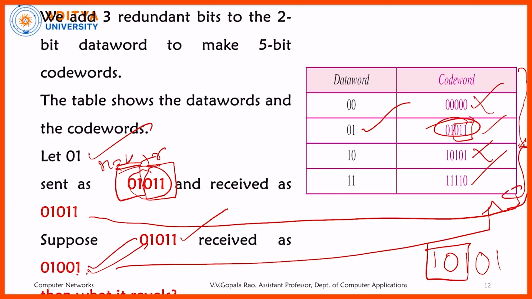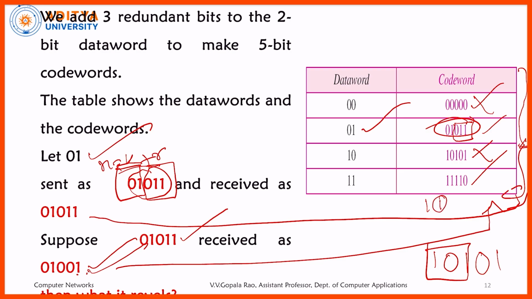Coming to the fourth one, let us consider what alteration takes place here. We received 0 1 0 0 1, but here the pattern is 1 1 1 1 0. Let us say the first 0 is altered as 1, so that is one correction. The 1 stays 1, so there is no alteration.